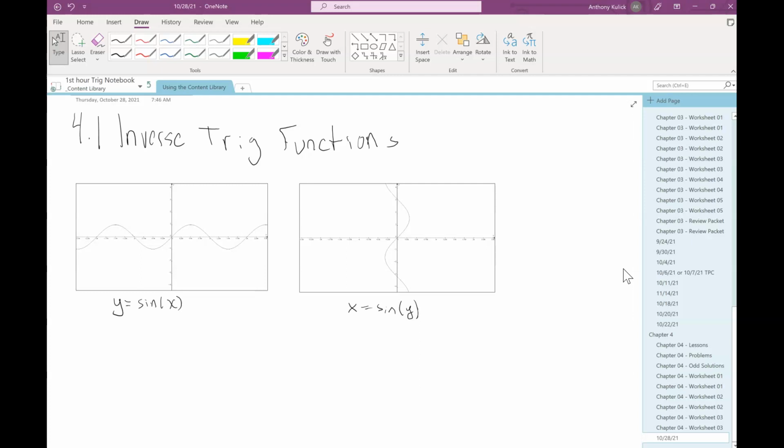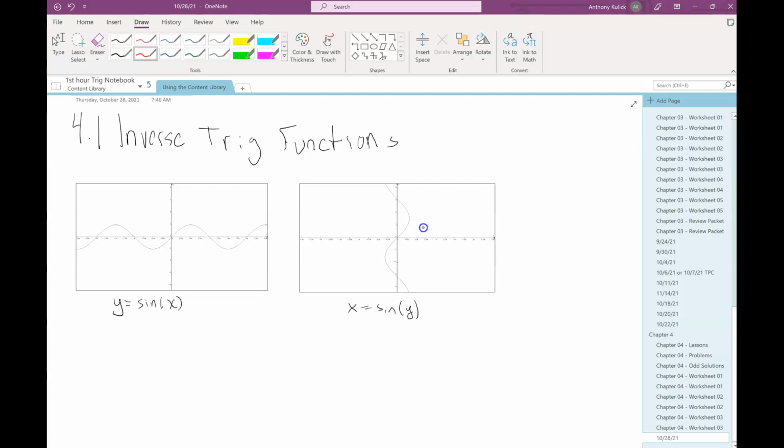Sure you do. This point right here is just like that point right there, right? Any point you've taken, is that second graph a function? No, why not? Fails a vertical line test, right? So that's the issue right now that we have. Everybody's okay with that?